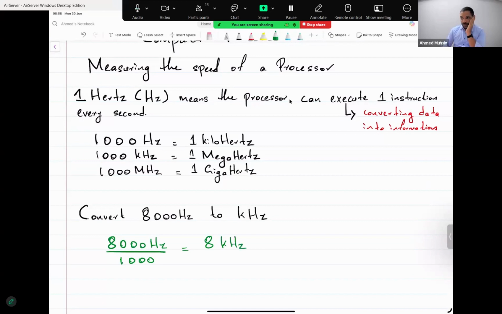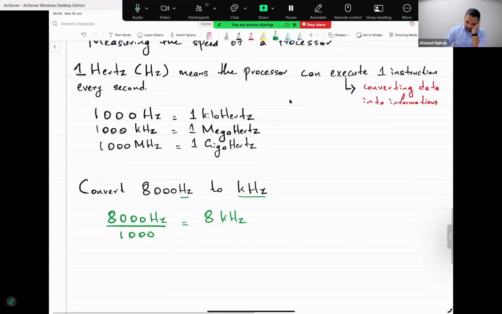Now guys, I'll ask you one more thing. 8 hertz and kilohertz. Hertz is a smaller unit than kilohertz. Agree with me, everyone? So shall I put a note over here?